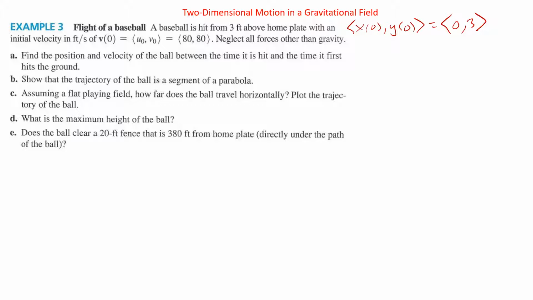So our velocity, v of t, was the initial velocity, which was 80, comma, and then negative gt plus the initial velocity, so negative 32t plus 80, which you could go through the steps if you don't remember it.